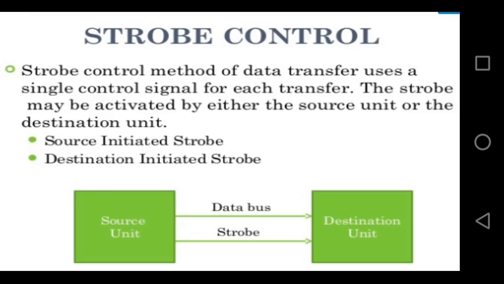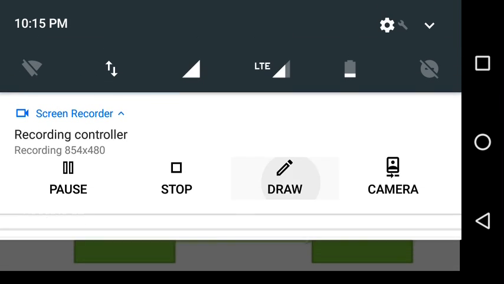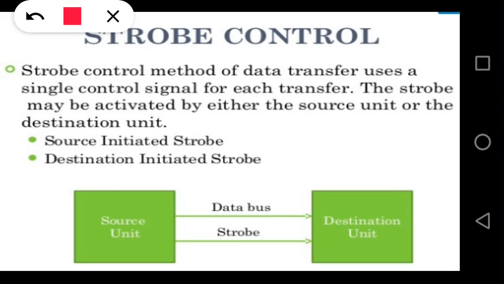Now let us discuss the strobe control method of data transfer. So this is the diagrammatic representation of strobe control. The strobe control method of data transfer uses a single control signal for each transfer, that is called strobe.